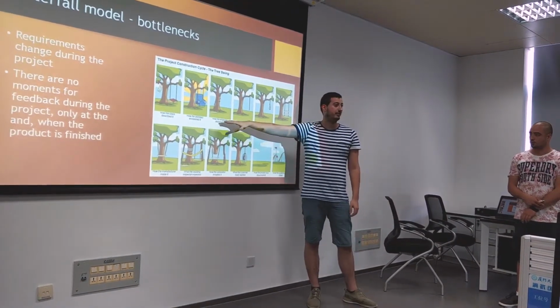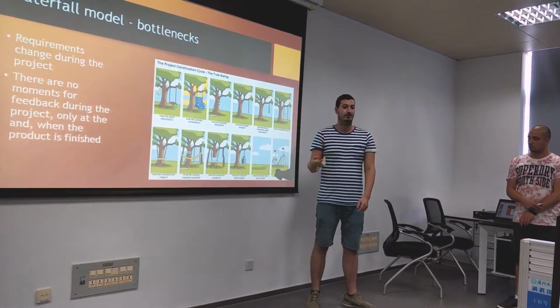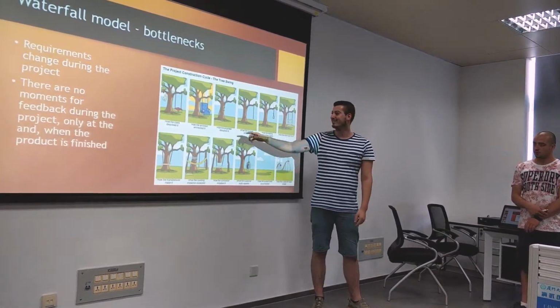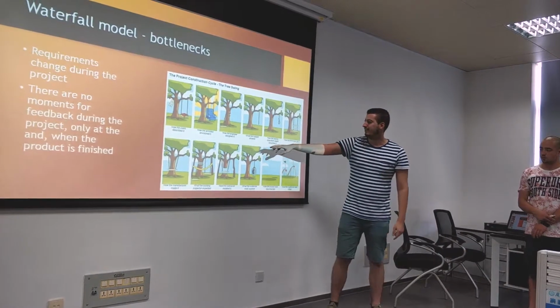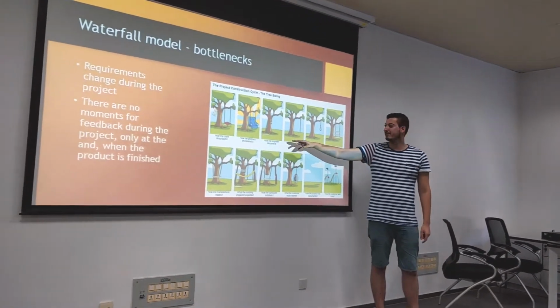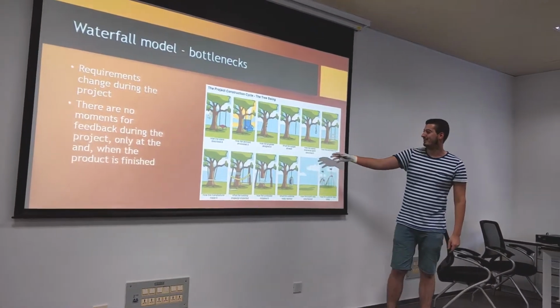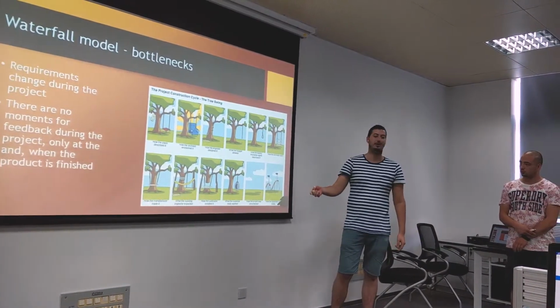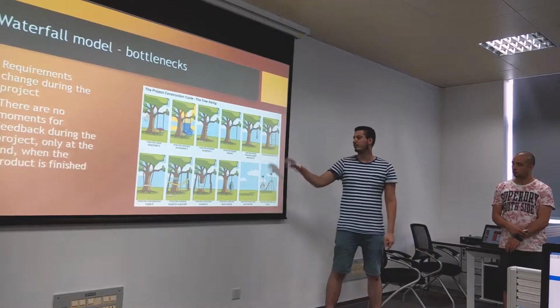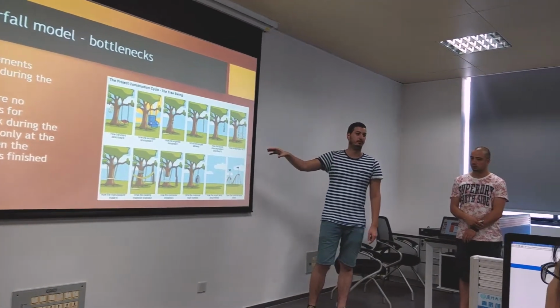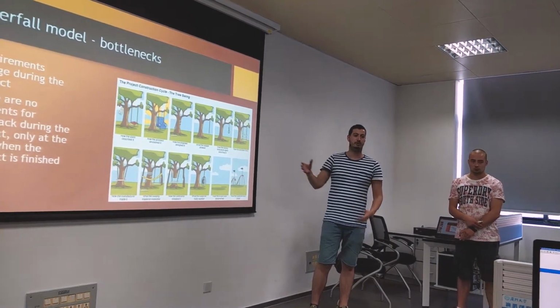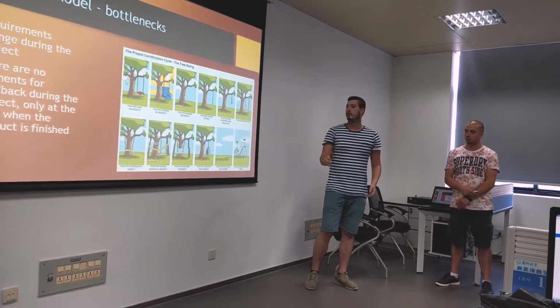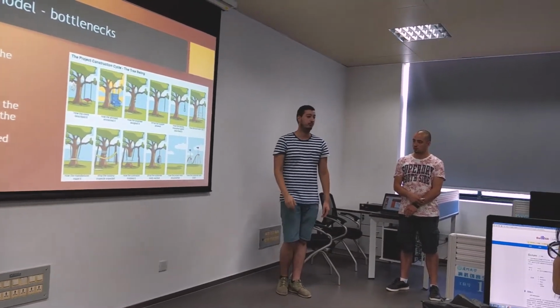This is how the architect hears it and understands the client, so he sees a chair. This is how the engineers design it. It's all kind of poor, but the budget allows it, because most of the time there's not enough money, so it's very minimalistic. So there's always a different view per person in the project, and what you want is that everybody is on the same line. That's why we use Scrum.